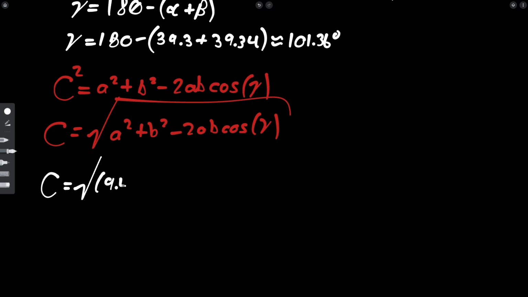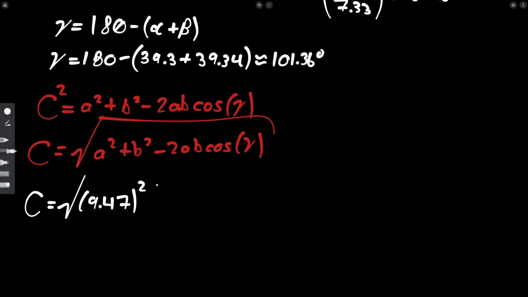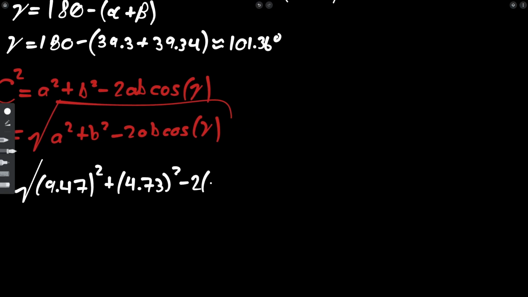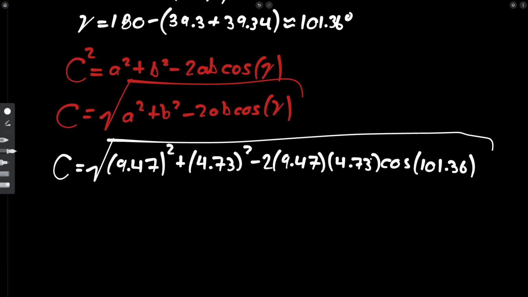It was 9.47, if I'm not mistaken. Yes, it is. Our second side was 4.73, squared, minus 2 times 9.47 times 4.73 times the cosine of gamma, which is 101.36 degrees. Let me put this into the calculator. We get C equals 11.39 feet.